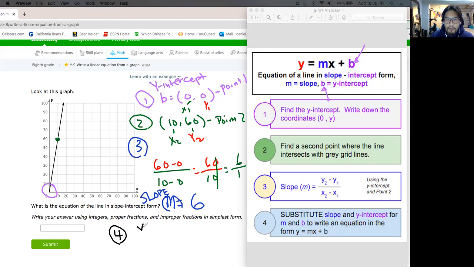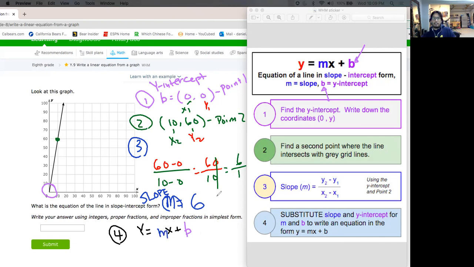I'm going to take this equation, y equals mx plus b, and let me just erase the m and the b and use my actual colors. So b is always purple. Slope is always blue.